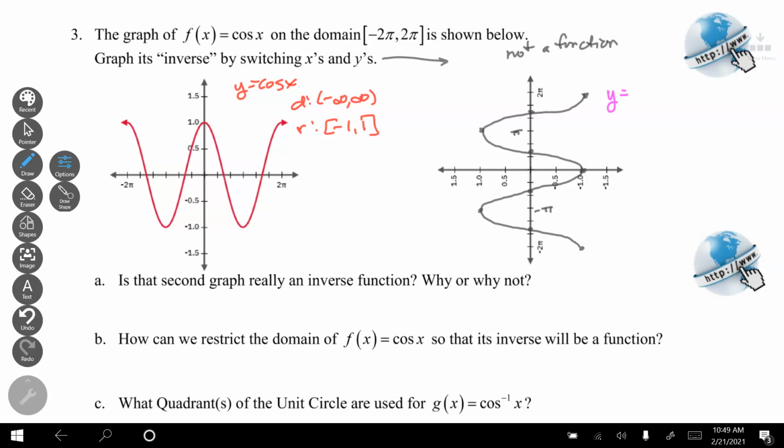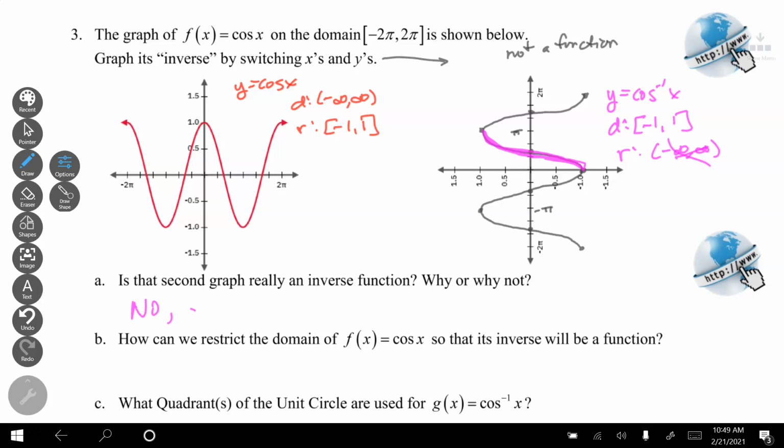So we're going to have y equals the inverse cosine function. And I have to switch domain and ranges, where my domain is going to be -1 to 1, which is what I like. But my range right now is all real numbers, -infinity to infinity, which is too much. So I have to figure out where I can just capture -1 to 1 on the domain and just make it a function. And it's going to be this part right here. This part of this graph right here is very special. Okay.